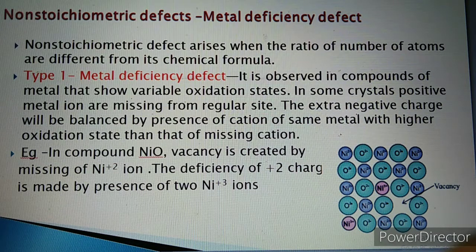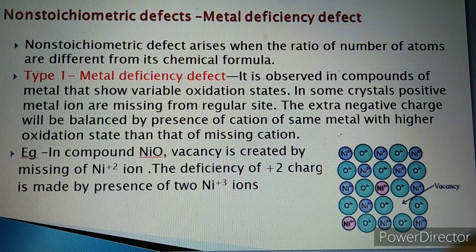Next part we will start the third point defect, that is non-stoichiometric defects. In non-stoichiometric defect there are two defects: metal deficiency defect and metal excess defect. So what is non-stoichiometric defect? Non-stoichiometric defects arise when the ratio of number of atoms is different from its chemical formula.